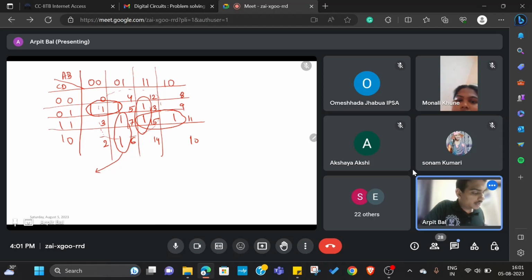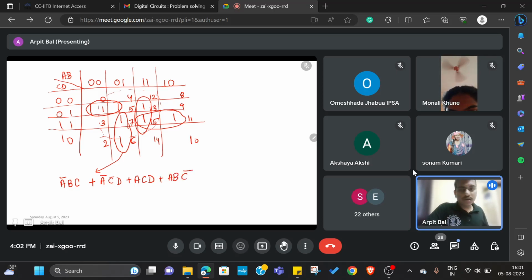So let us try to write the minimized form. Here we will have A bar B C plus A bar C bar D plus A C D plus A B C bar.